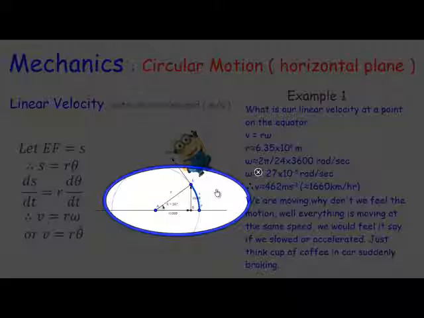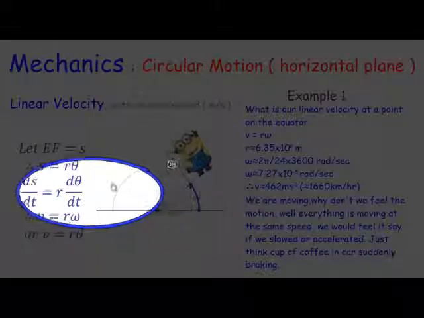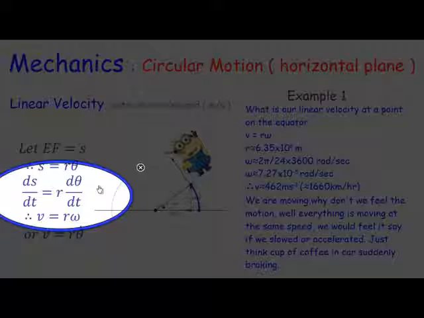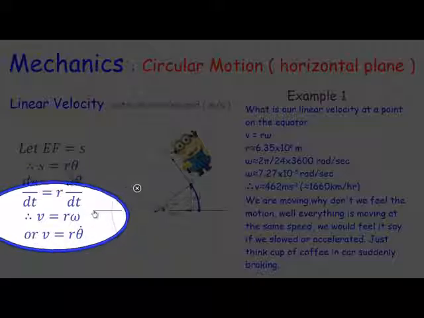Now, what do we do? Well, we differentiate with respect to time. As you can see here, we get ds dt equal to d dt of r theta. As r is a constant, it's just r d theta dt. Now, d theta dt is just omega, radians per second.